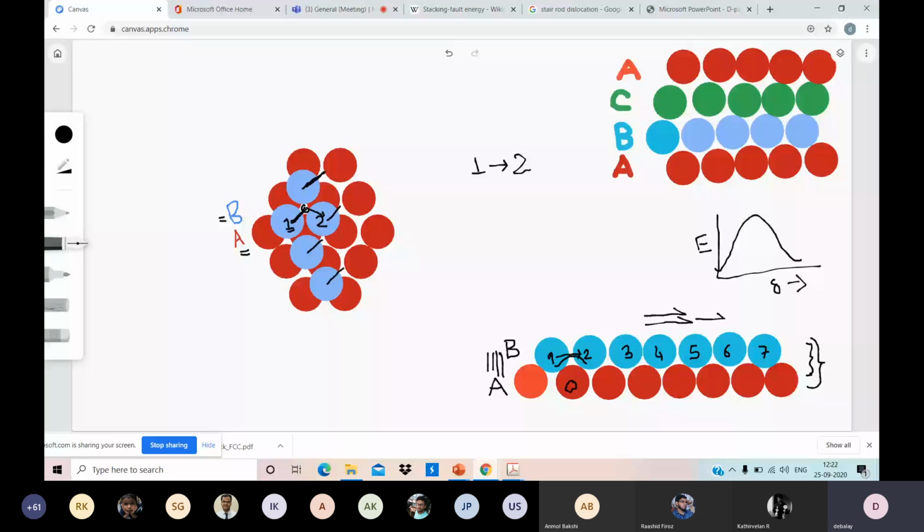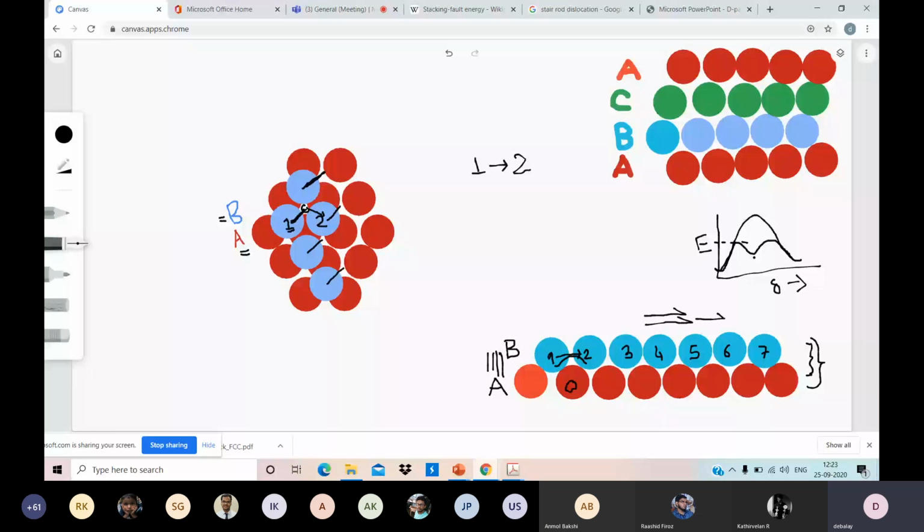And then gradually this movement happens, and then it comes back to B again, because you are continuously applying stress. So the energy barrier now reduces. You have to apply a certain stress to move it into the C groove.